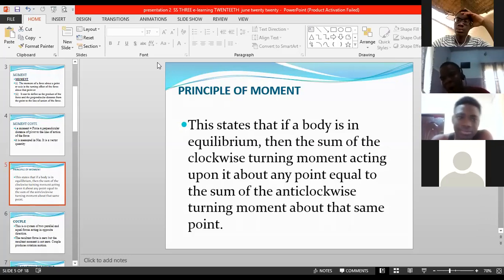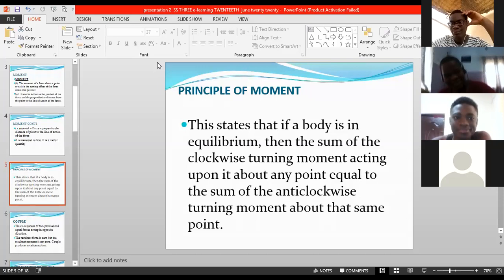What will be the distance from 50 to 2? I don't know, sir. Okay, now look at it. This is 2. So the distance will be 50 minus 2. 50 minus 2 is what? 48. So my anti-clockwise moment will be F1 times 48 centimeters. Can you see that now?